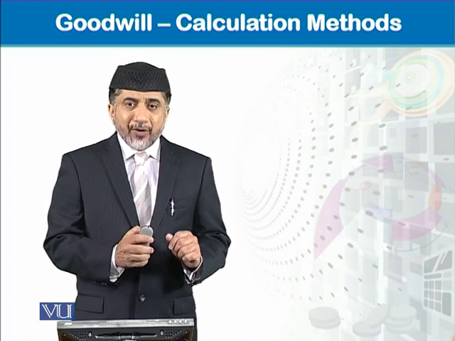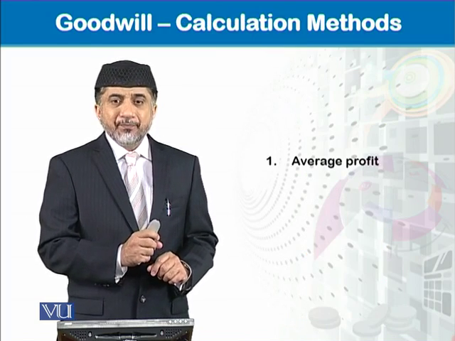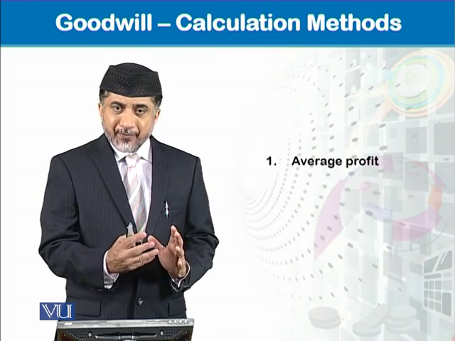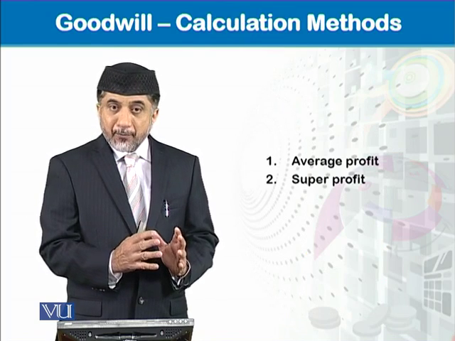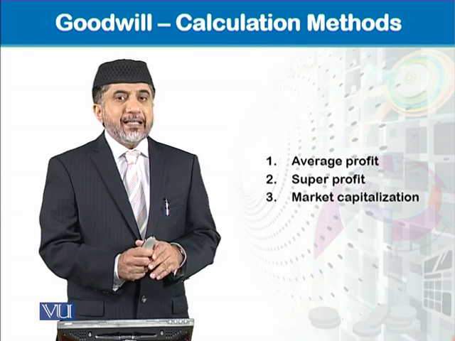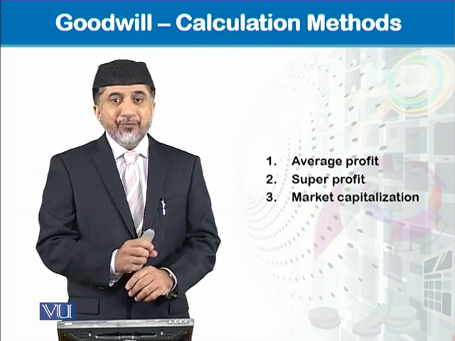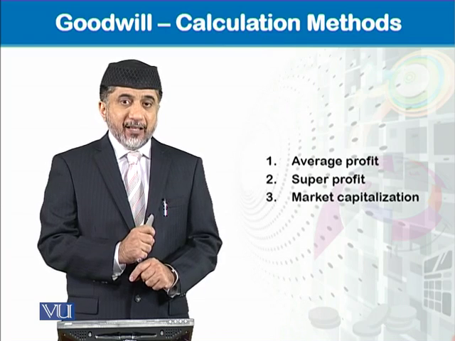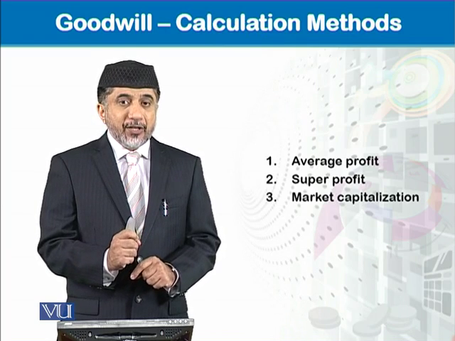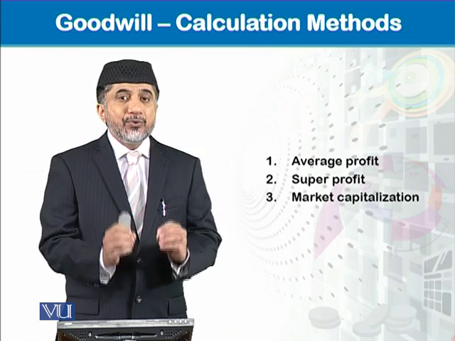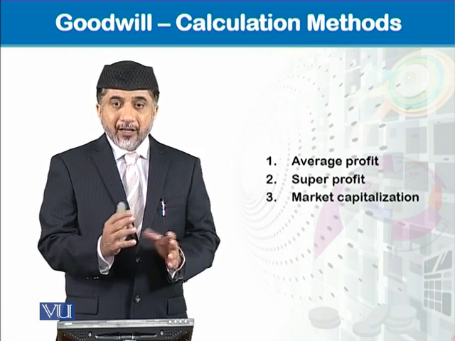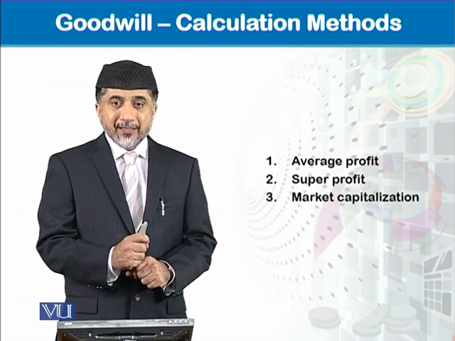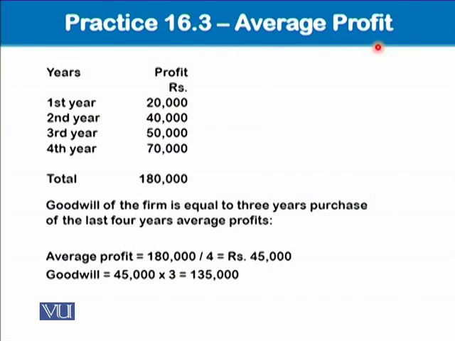So we work out goodwill based on average profit or super profit or market capitalization. In fact, these are the three methods based on which we work out the value of the goodwill of a firm. All right. So we'll see how we work out goodwill based on this average profit method.